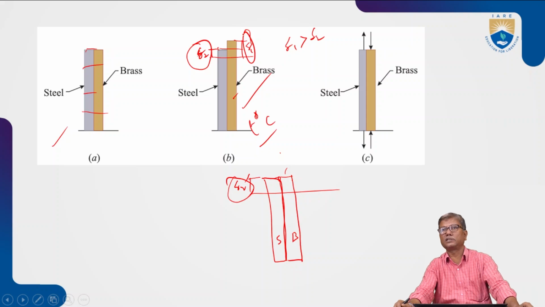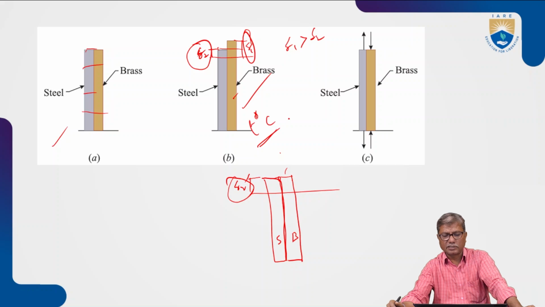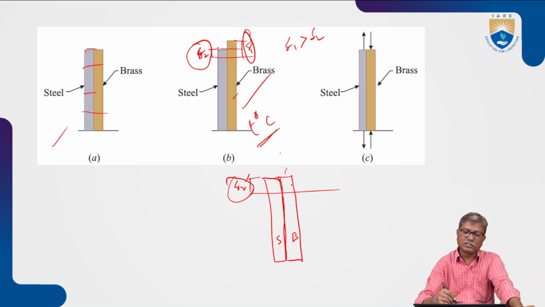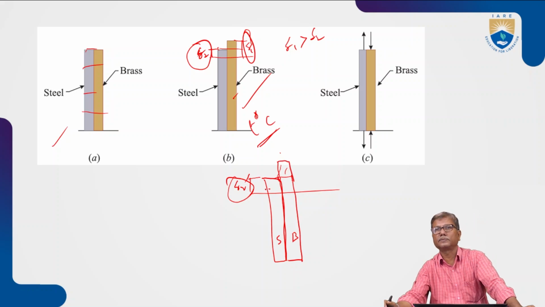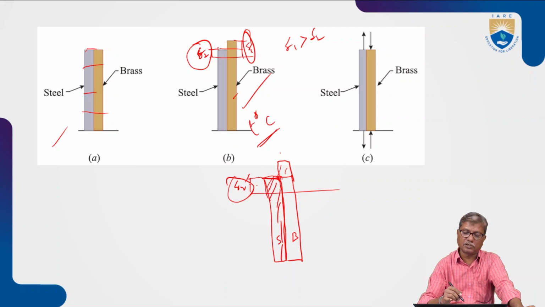Free expansion is delta 1 under the rise of temperature by T degrees, isn't it? So it has the tendency to expand more, which is prevented by the steel bar, because it is connected to the steel bar rigidly. The steel bar prevents it from expanding by delta 1. And the steel bar, if it is free to expand, stops expanding at delta 2.